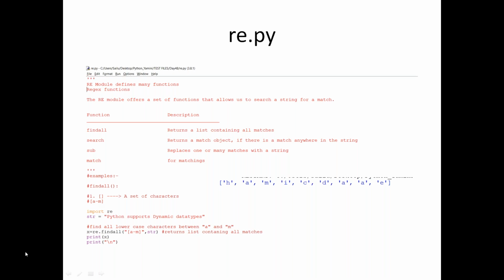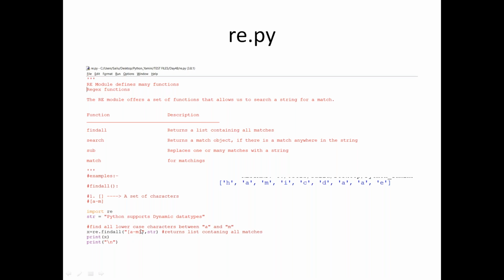So I use the findall option. x is where I'm going to store my list, equal to re. re is nothing but the regular expression package. Whenever you create your own class and write any method within the class, we prefix with the class name. Similarly, re.findall. findall is a function, and this method I prefix with the package name, in brackets. I want to find between a to m, and that too lowercase letters.